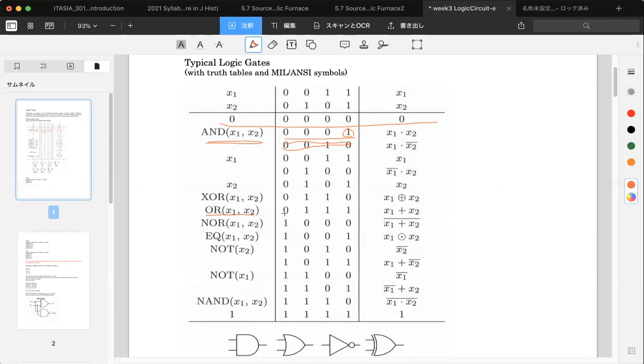Meaning that if both x1 and x2 are false, meaning their truth values are both 0, then the output is 0, like here. And in other cases, we can see that here x2 is true, here x1 is true, and here both x1 and x2 are true. So in these cases, with the OR function, we can get a true output.